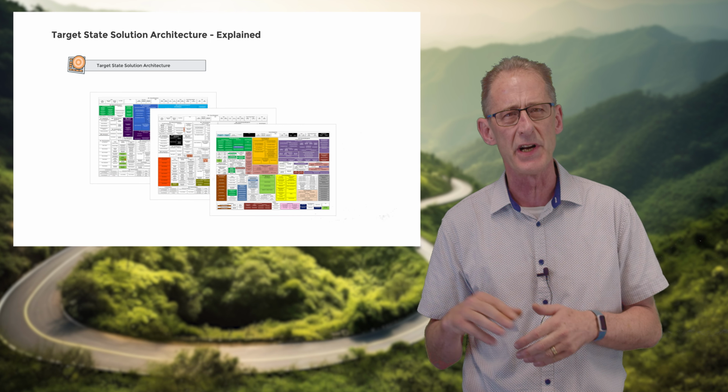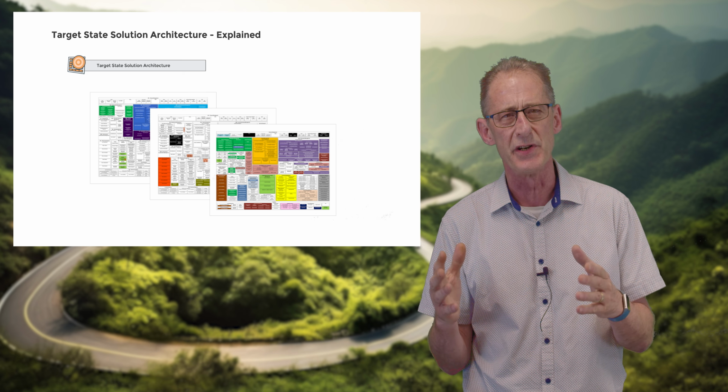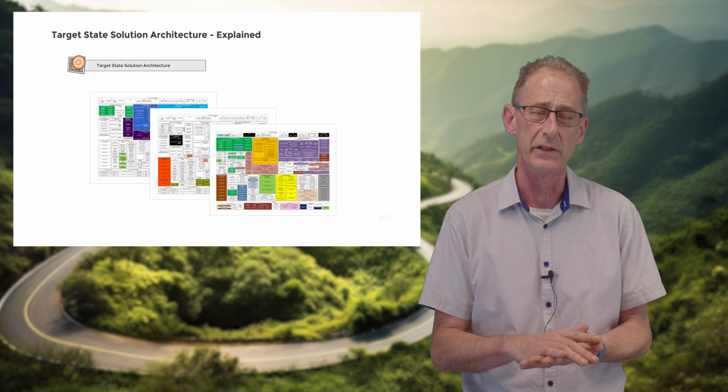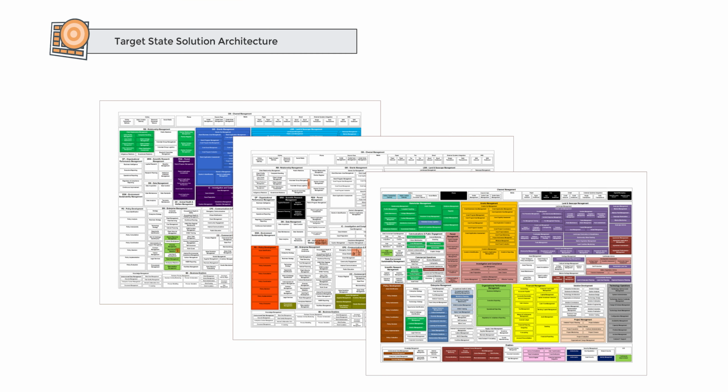The second component of the target state is the target state solution architecture, which in simple terms is an overlay on the business capability model, showing what solutions are required in the target state and what capabilities each is to cover, as shown here. This is typically a blend of existing solutions being retained from the current state as is, existing solutions being retained but changed in some way, either through an upgrade or expanding the solution to cover additional capabilities it doesn't currently, and of course brand new solutions that are required in the target state.